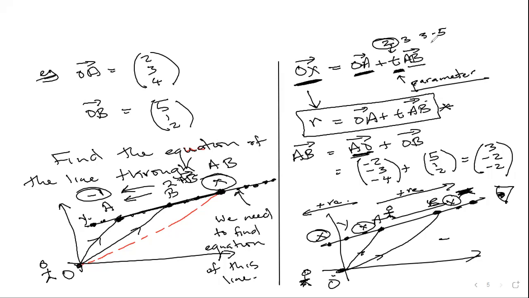Let me use a driving analogy. T can say 2 miles: when you reach O, drive 2 miles and you reach X. Or it can be 3 miles, or 4, or 5, or 6, or 10. Or if it is the other direction, it is -2, or -3, or -4, or -5, and so forth. So that is what the vector equation of a line is. R equals OA plus T AB is the general equation of the line.